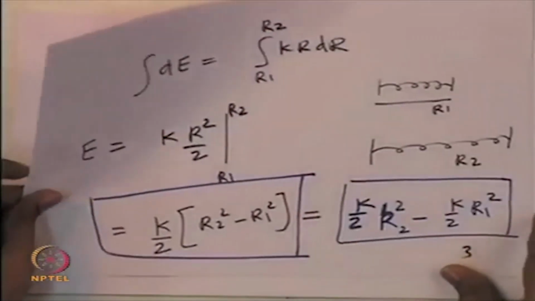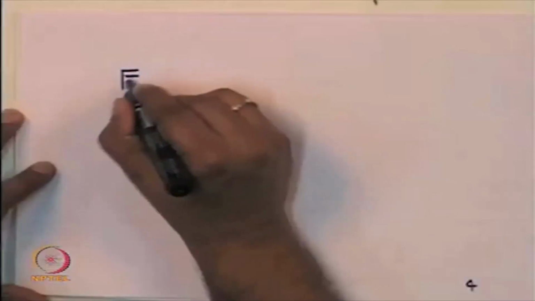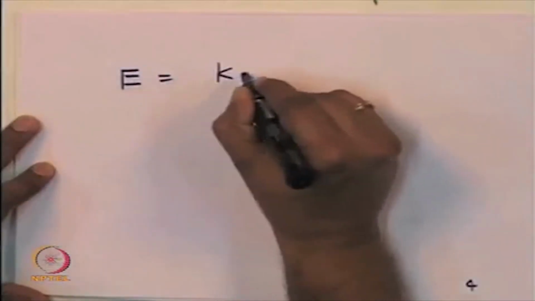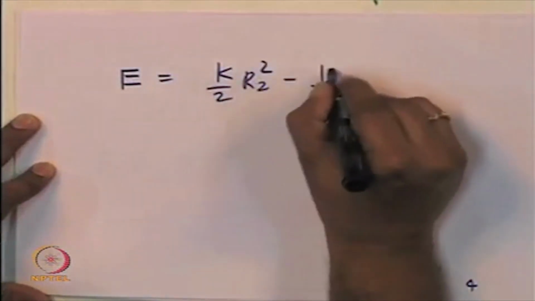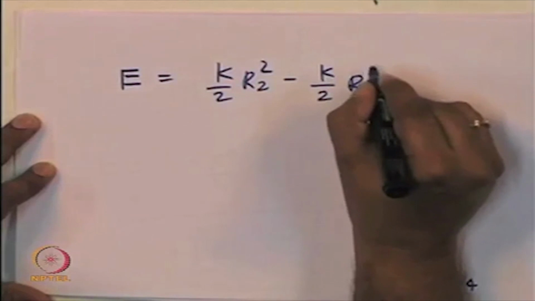If you look at this equation once more, a little more carefully, let us write it here separately. What we got is energy is k by 2 r2 square minus k by 2 r1 square.